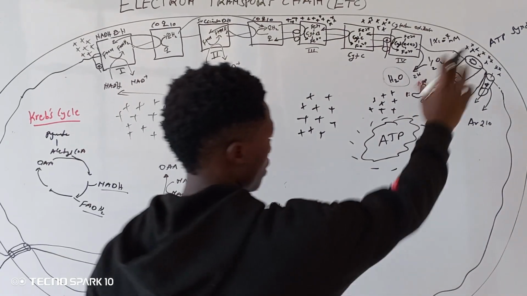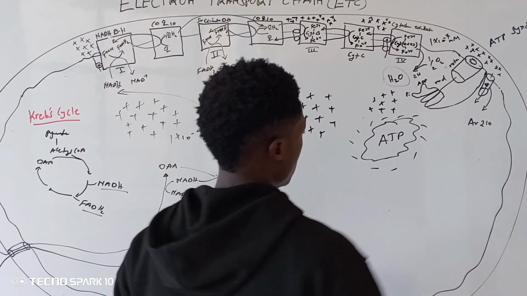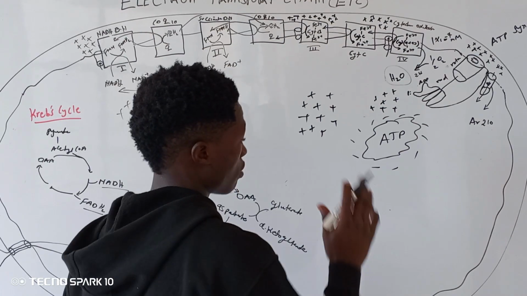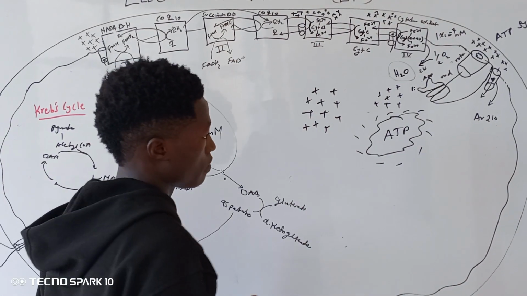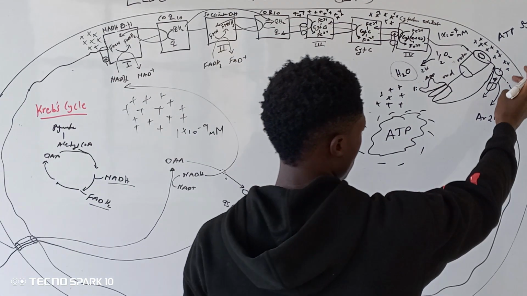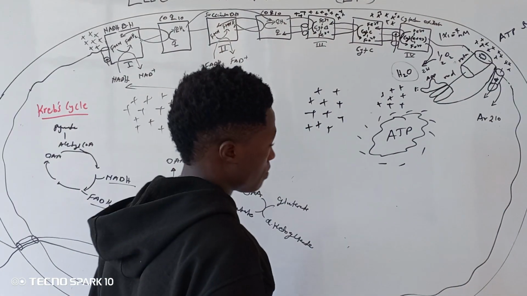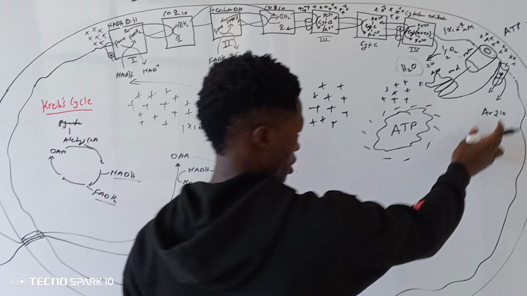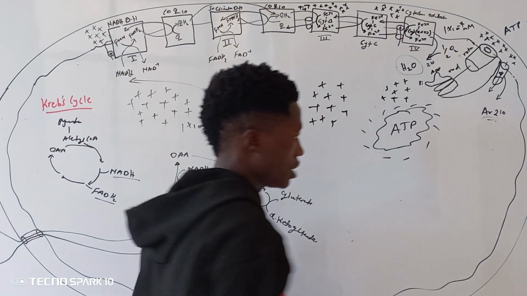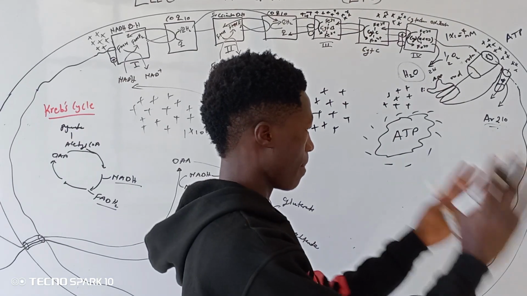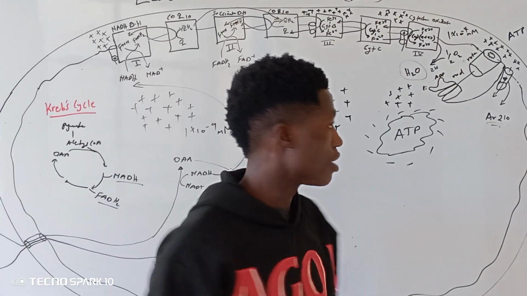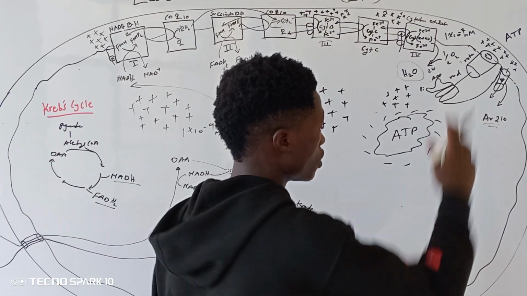Then you have the final one, which is ATP synthase. It's going to take advantage of the proton gradient that has been created by pumping out the protons. The protons are taken in by a receptor-containing protein subunit. It passes them from one opening to the other, and as it does that, it rotates.